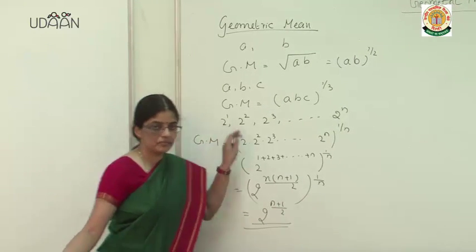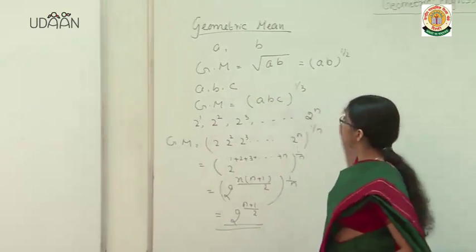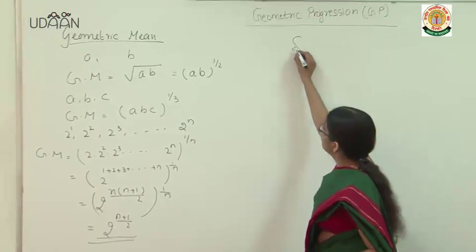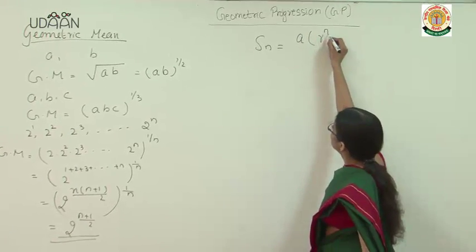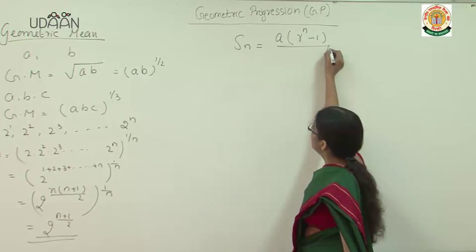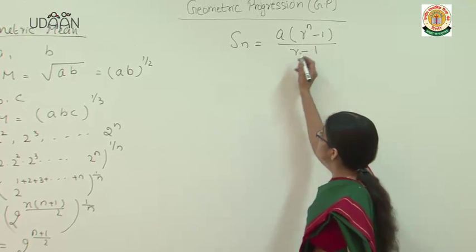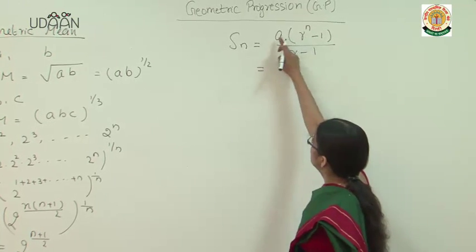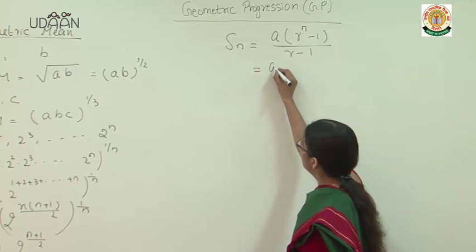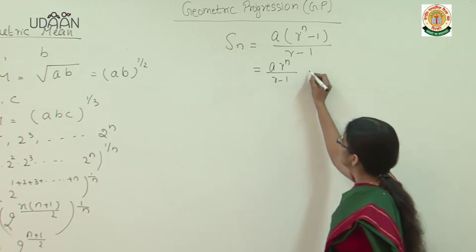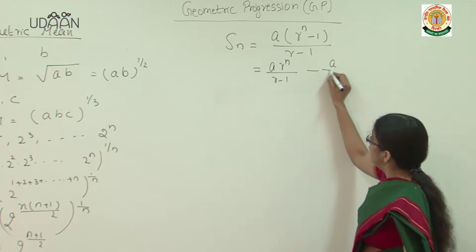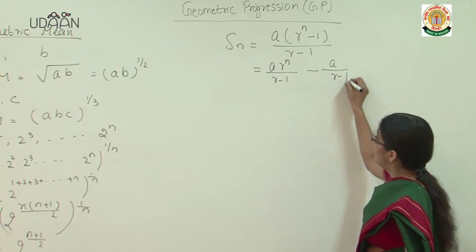Right? Again, proceeding further, we have seen that the sum to n terms of a GP is given by a into r power n minus 1 divided by r minus 1. Let us rewrite this formula. I am going to multiply it: a into r power n divided by r minus 1 minus a divided by r minus 1.